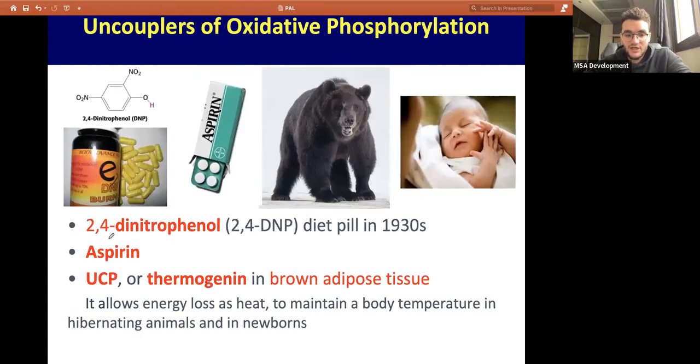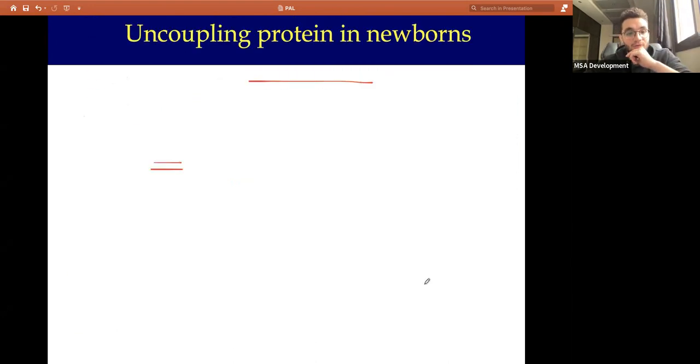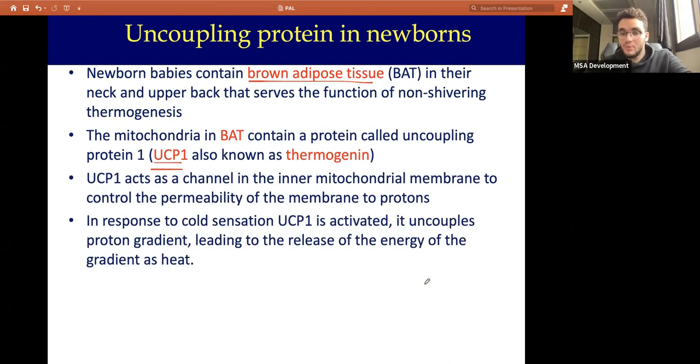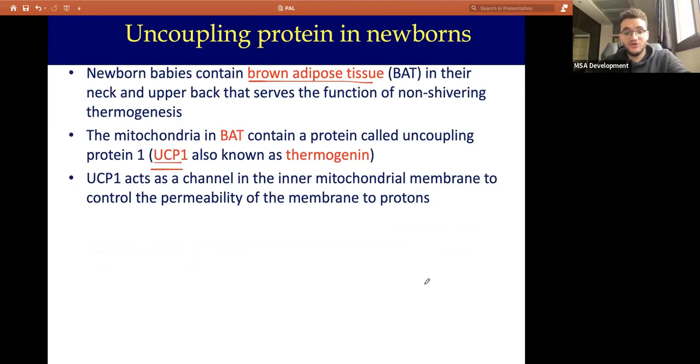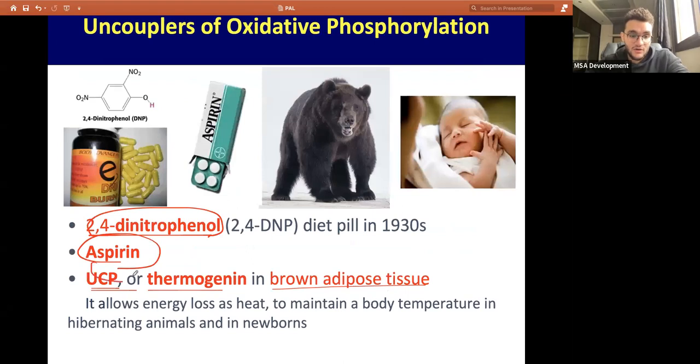You have to know the uncouplers, which are 2,4-dinitrophenol, or 2,4-DNP. Aspirin is also an uncoupler, and UCP, or thermogenin, which I talked about, and I'm going to talk about again. So again, newborns have brown adipose tissue, and the mitochondria have an uncoupler called UCP1, or thermogenin.